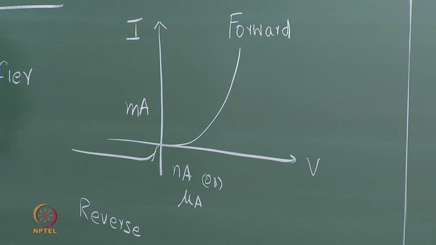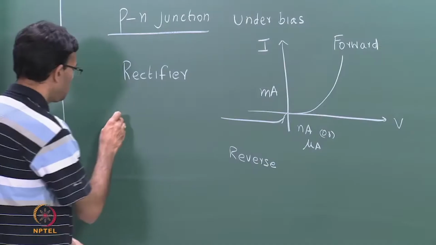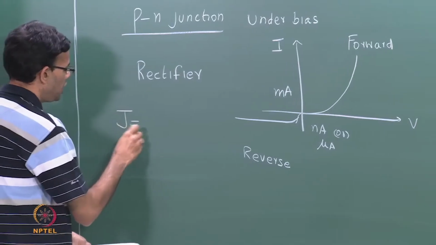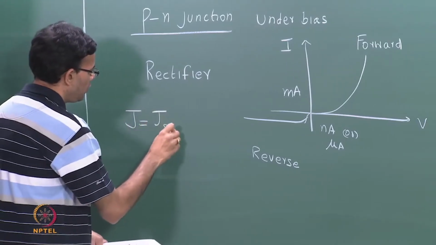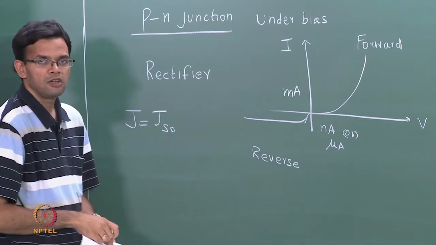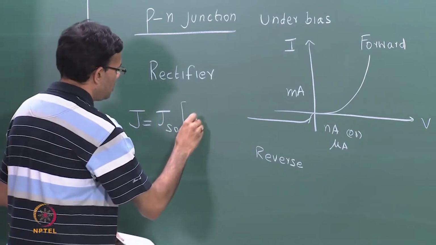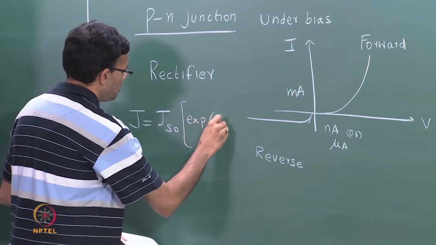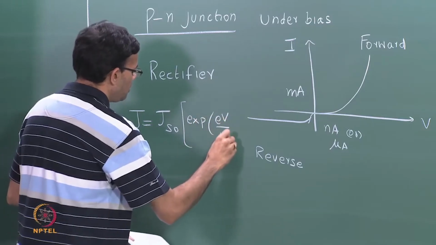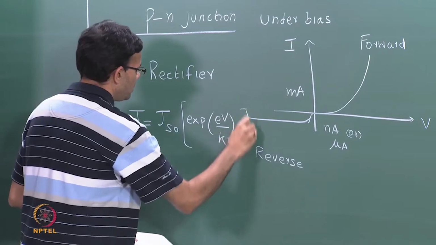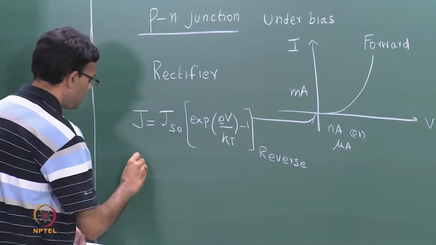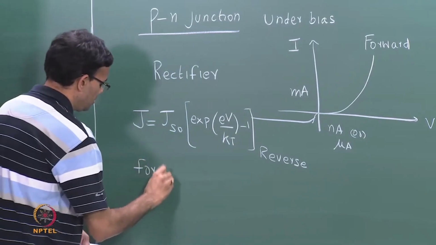We also wrote down the expression for the current in the case of a p-n junction. So the expression is J is equal to some constant Js naught, which is your reverse saturation current, times exponential eV over kT minus 1. So this is in the case of forward bias.